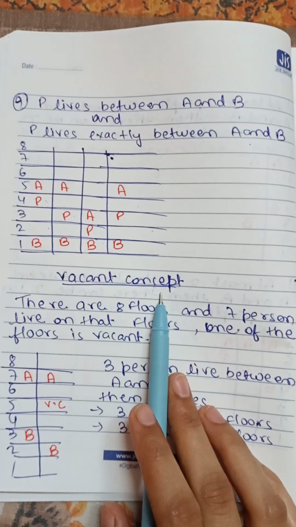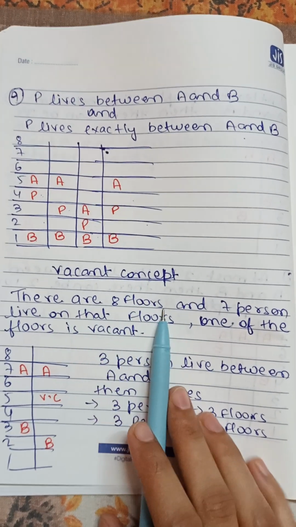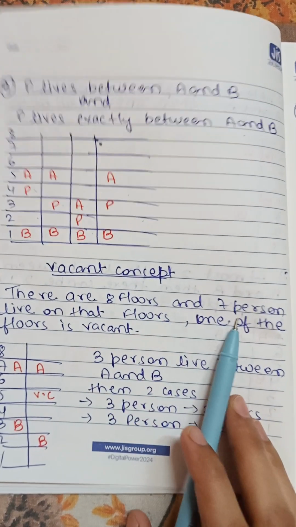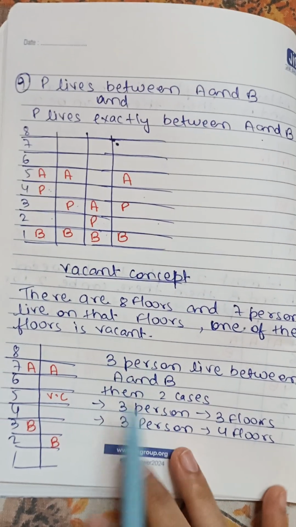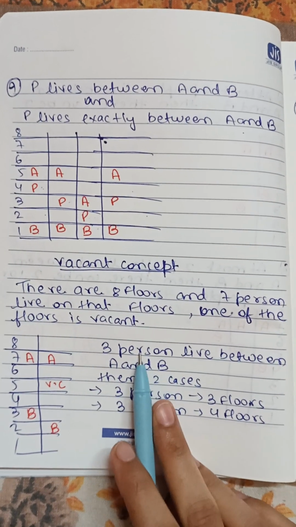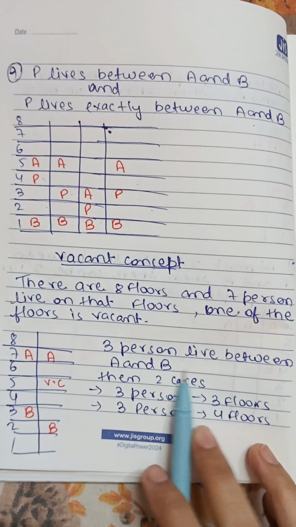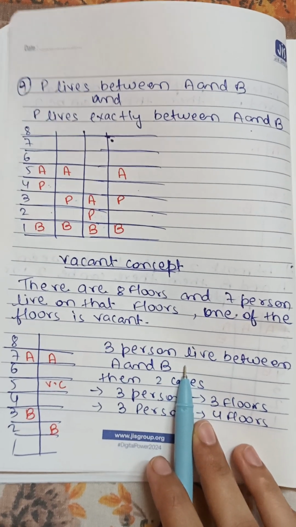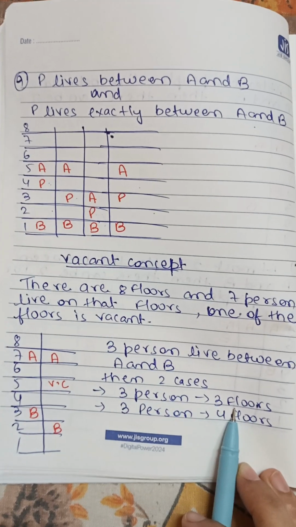Now come to the vacant concept, which is the most confusing concept in puzzles. So there are 8 floors and 7 persons. So one floor is vacant. How can we consider this? If it is given that 3 persons live between A and B, then there will be 2 cases. 3 persons, 3 floors.